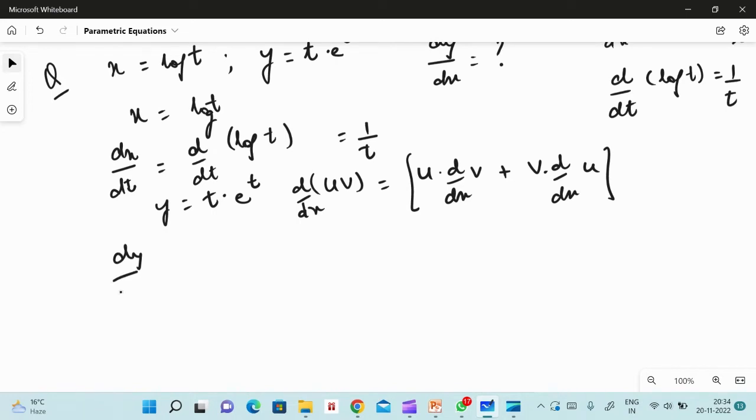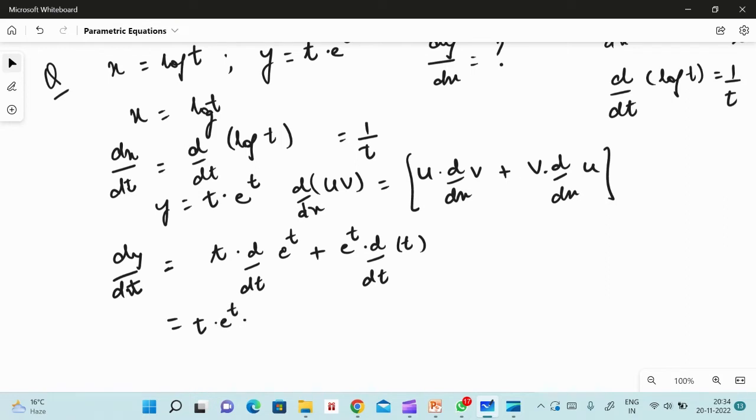So what is my derivative here? d by dt of the y function is equal to t into d by dt of e power t plus e power t into d by dt of t. So this gives me t into e power t into 1 plus e power t into 1. So how will I get that?